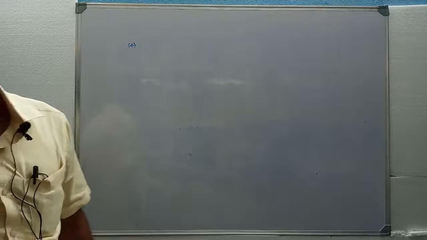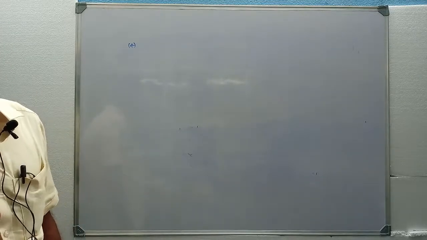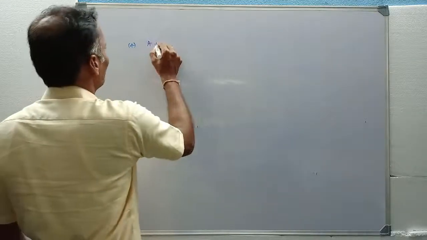Here we have one more problem based on density. A metal crystallizes in the BCC unit cell.